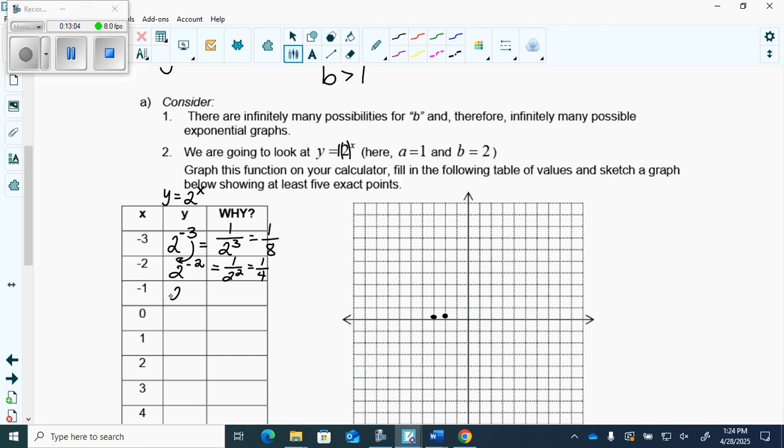Then we have 2 to the negative 1, which is the same as what? Half, 1 over 2 to the 1, technically, which is a half. So our next coordinate's at negative 1 and 0.5.